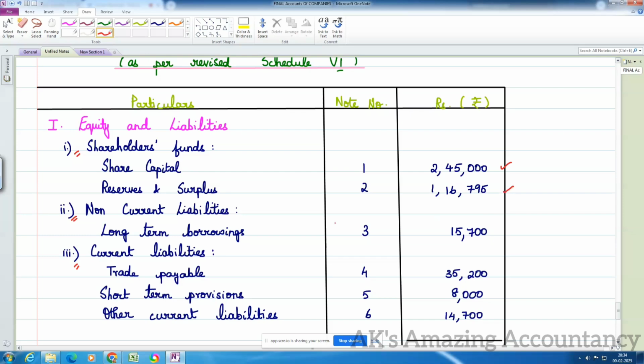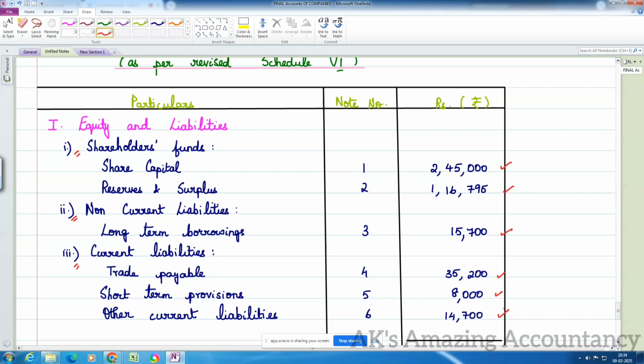And then under the heading non-current liabilities, we'll be entering the amount of note 3, that is 15,700. Then under current liabilities, we'll be showing the amount of note 4, that is 35,200. Under that we'll be showing short-term provisions, note 5, that is 8,000. Then we'll be recording note 6, that is other current liabilities, that is 14,700.